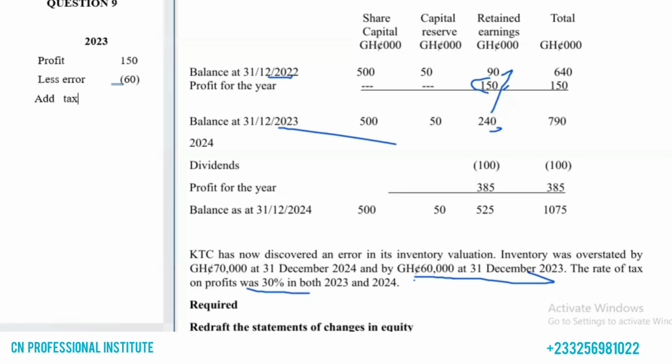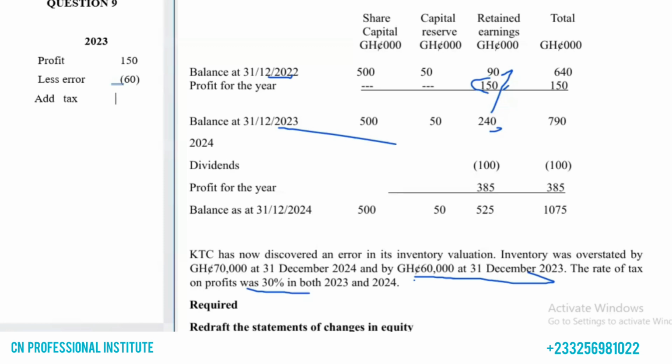Whenever we less the error, we have to add the tax. Whenever we add the error, we have to less the tax. So it's the other way around, the opposite.